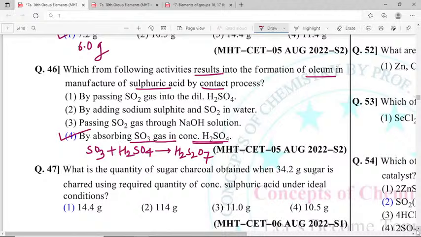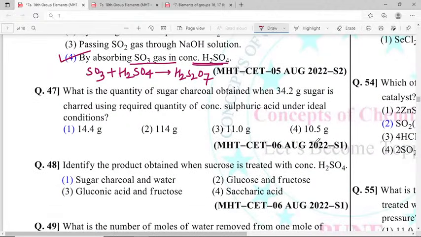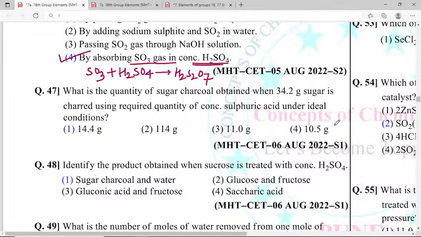What is the quantity of sugar charcoal obtained when 32.4 gram sugar is charred using the required quantity of concentrated sulfuric acid under ideal condition? So same question here. How to solve?